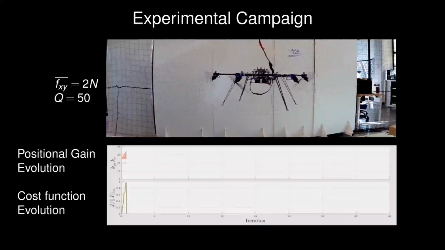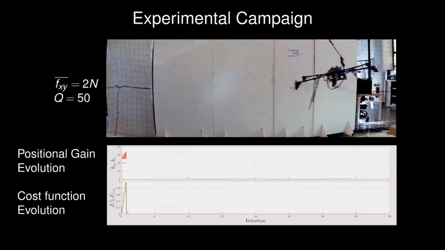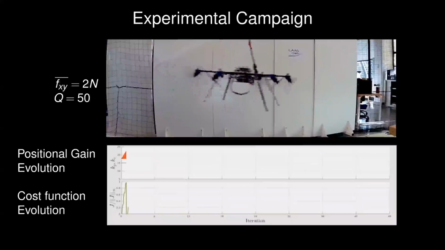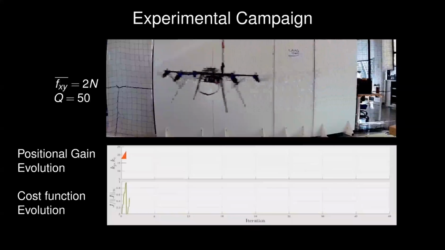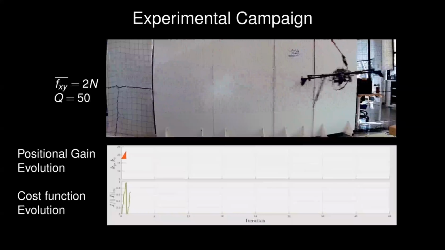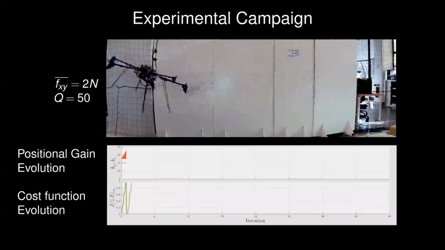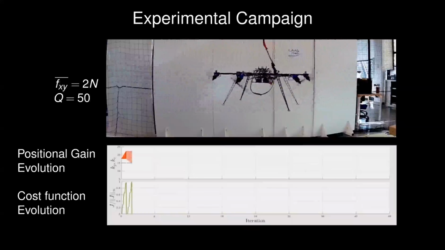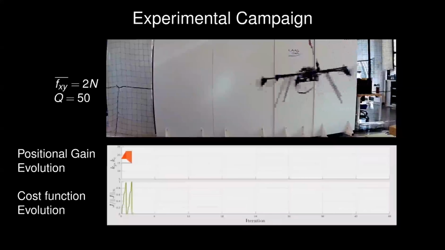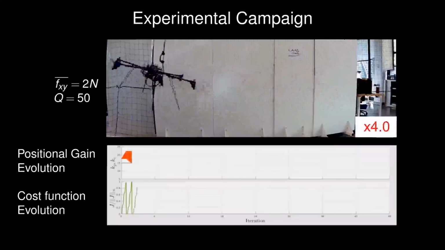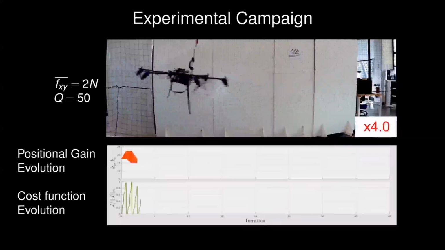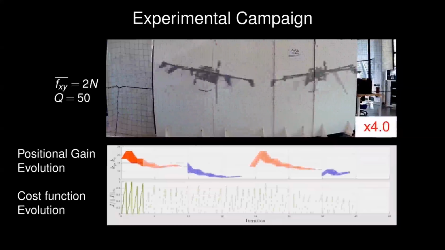The black line in the middle plot shows one of the gains frozen and the other gain tuned. The shaded area in red in the middle plot shows the uncertainty interval, I mean the considered range between a pair of the intermediate gains.